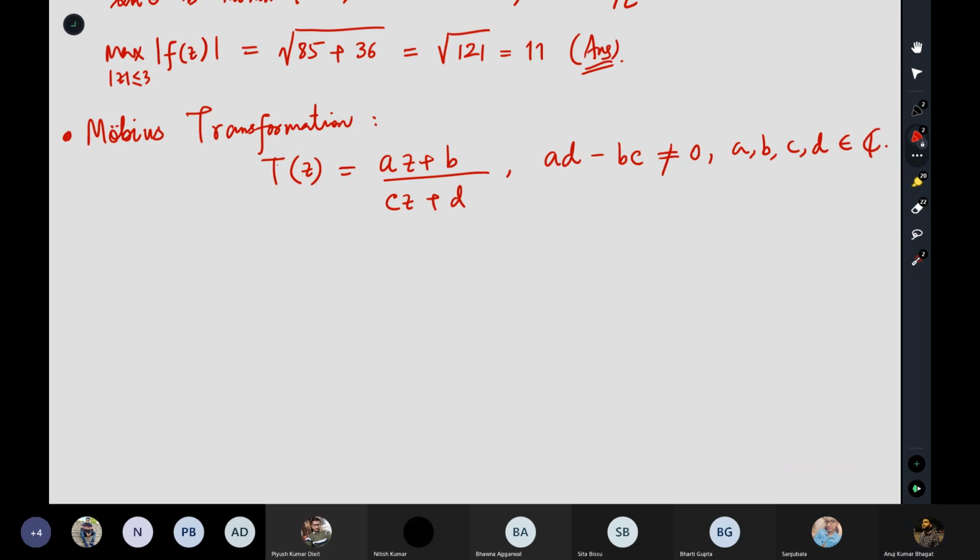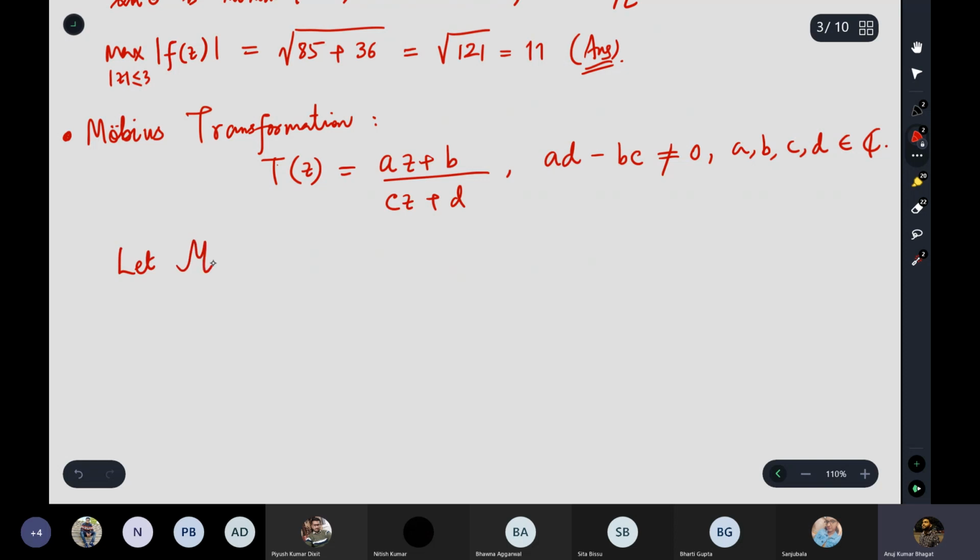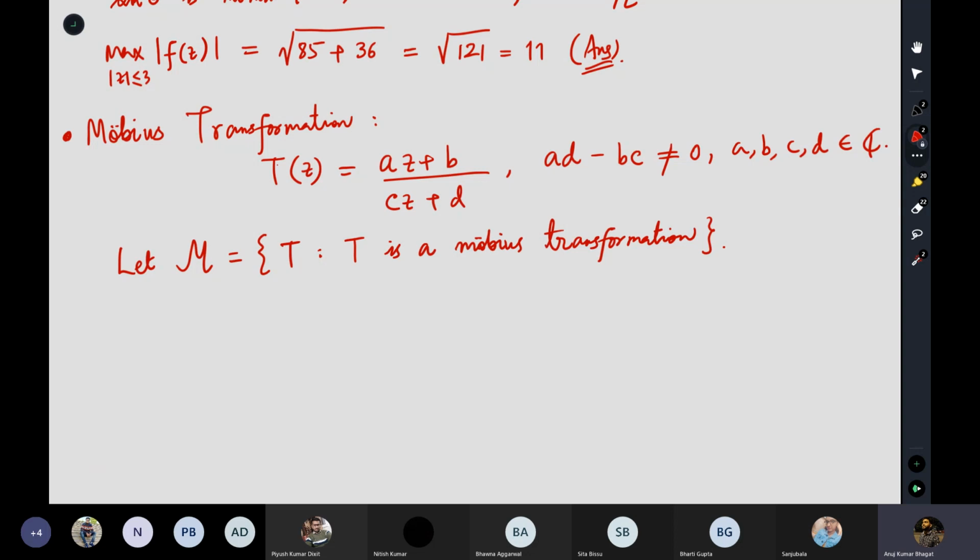So my first question: let me collect all the Mobius transformations in a set. Let script M be the collection of all the transformations such that T is a Mobius transformation.